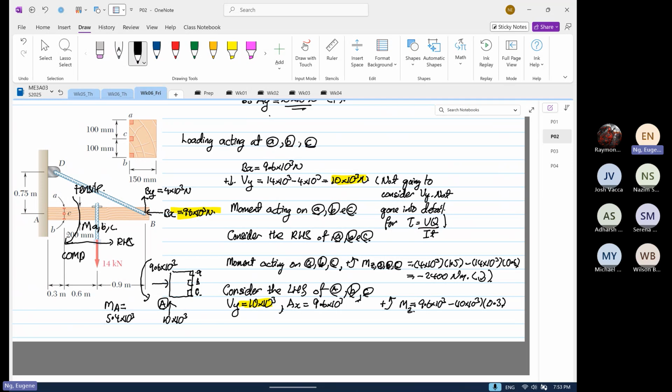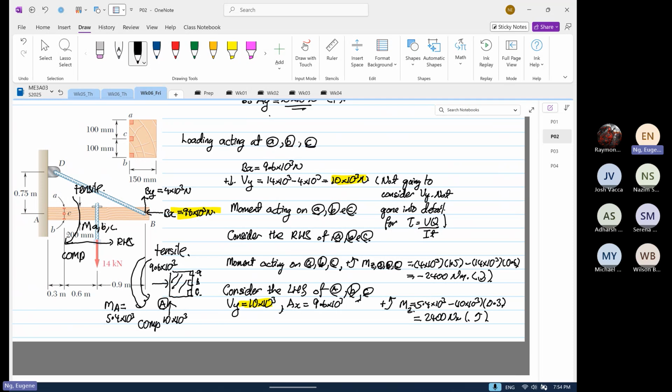So this is equal to 2,400. This direction, anti-clockwise, is correct. Remember, anti-clockwise is anti-clockwise outside the material. So this is going to be compression, and this is going to be tensile. The answer is the same.